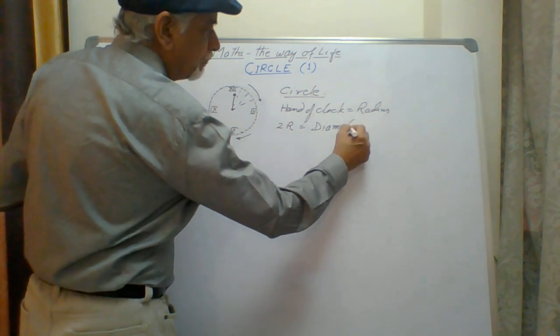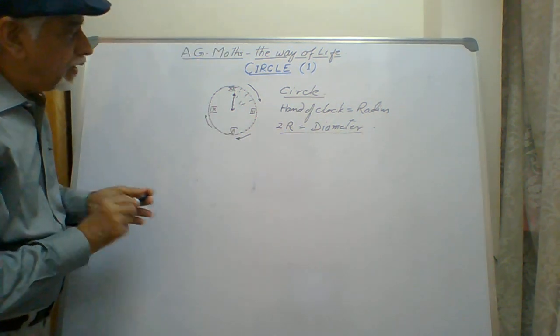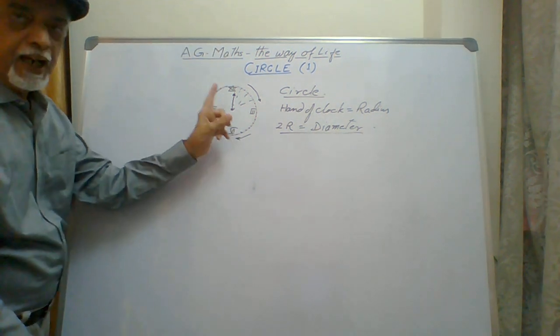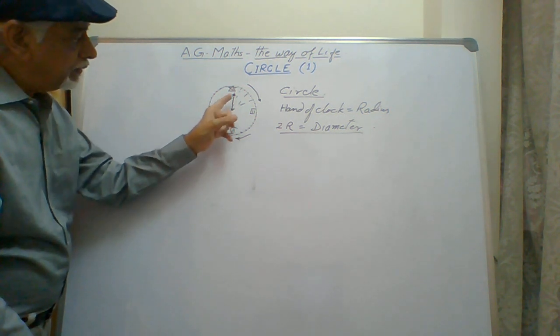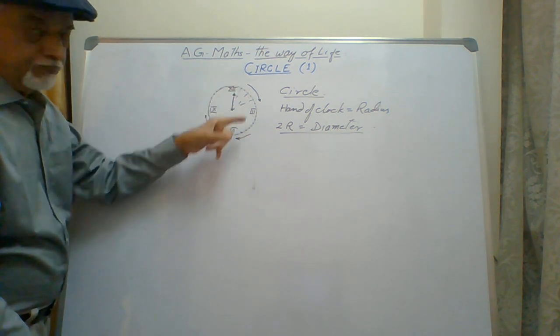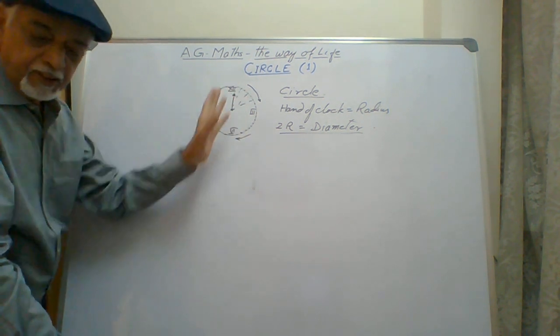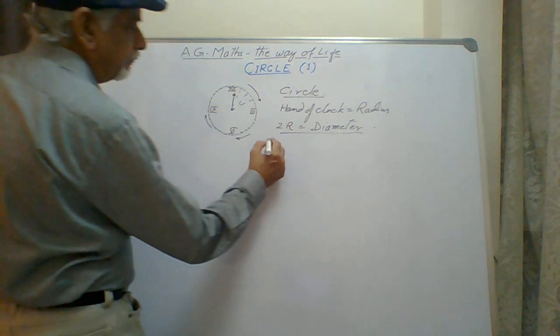So now we got the definition of a circle. What is it? It is the path traced by a moving hand which is fixed at one point, and the path is traced by a fixed distance throughout. Then it forms a circle. The fixed point is called the center.